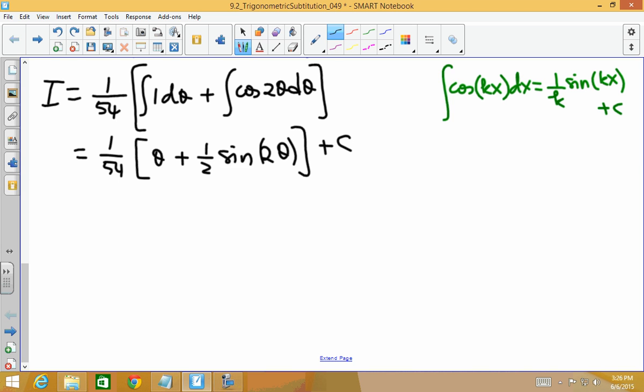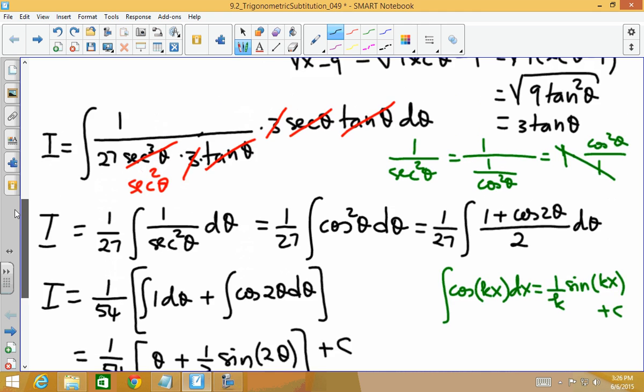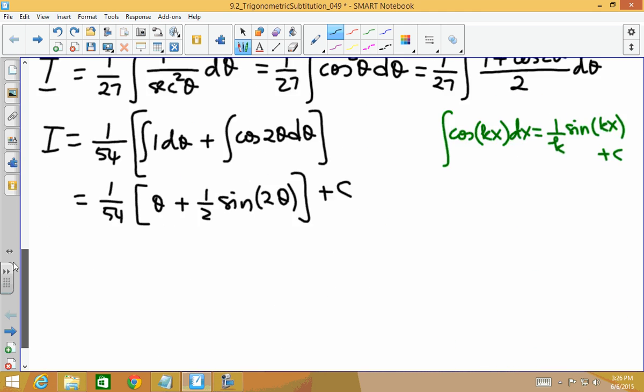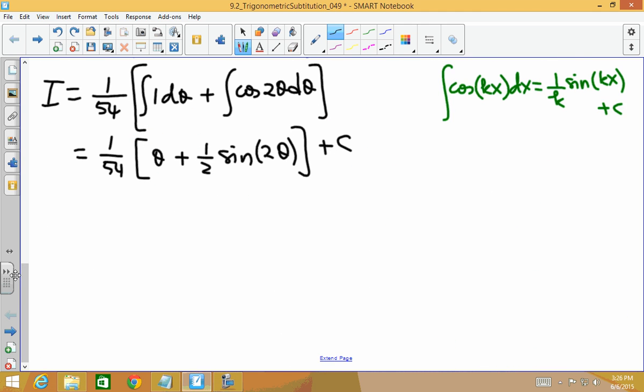Now, to determine what we have here and go back from sine 2 theta, recall that sine 2 theta is 2 sine theta cosine theta.